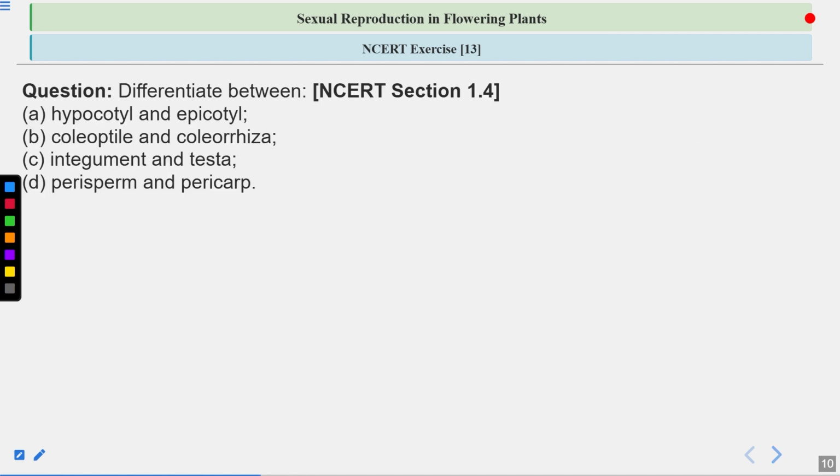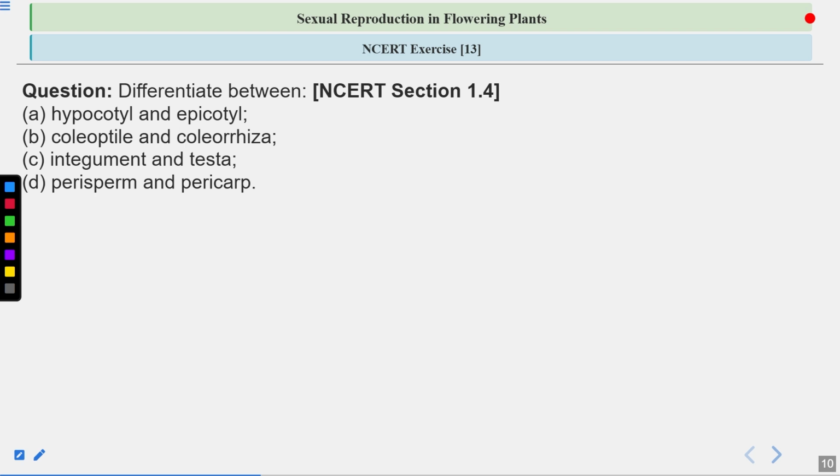Next question, differentiate between. You have to differentiate between the following, four questions in this section. The first one, hypocotyl and epicotyl. Second, differentiate between coleoptile and coleorhiza, right?